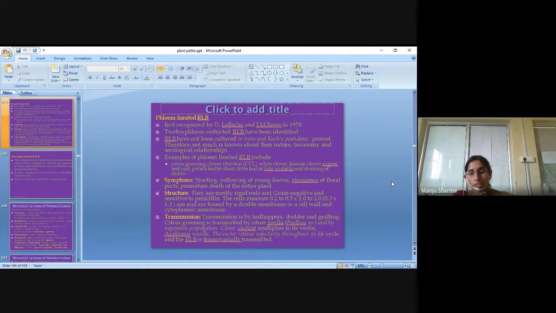Transmission is by leafhoppers, dodder and grafting. Citrus greening is transmitted by citrus psylla and by vegetative propagation. Clover club leaf multiplies in its vector, Aceratagallia novella. The vector retains infectivity throughout its life cycle, and the RLB is transovarially transmitted.